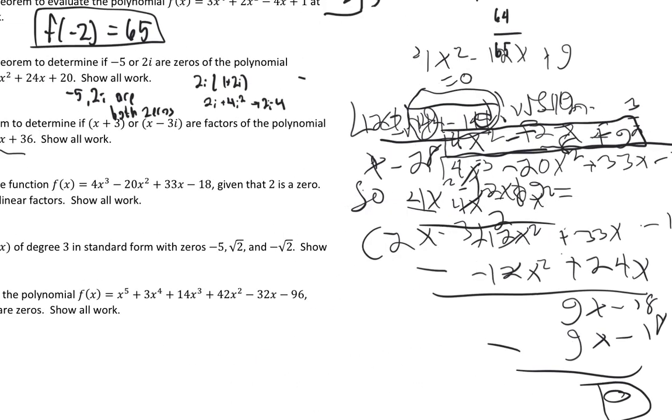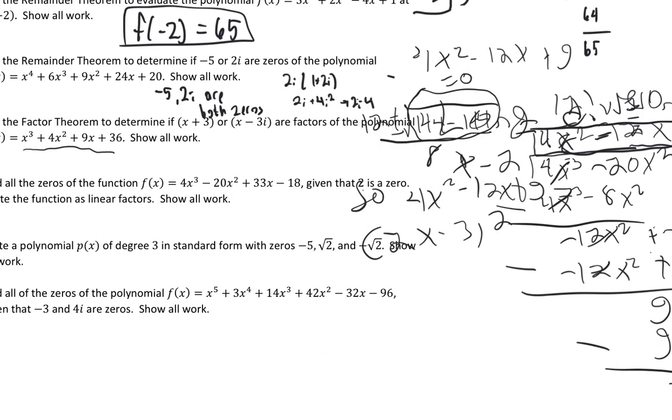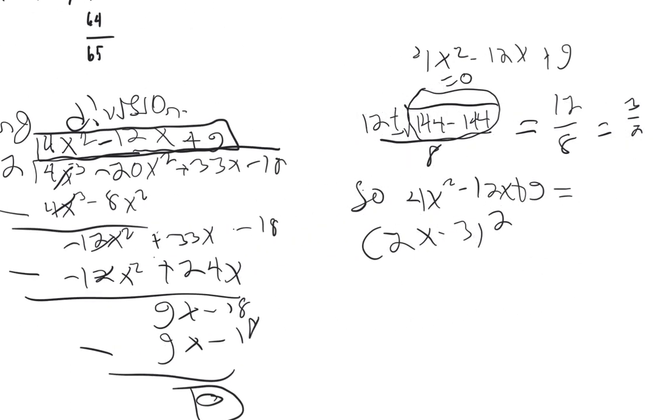So let's remind ourselves of the actual question, which was to write the function as linear factors, right? So f of x is x minus 2, it's 2x minus 3 squared.